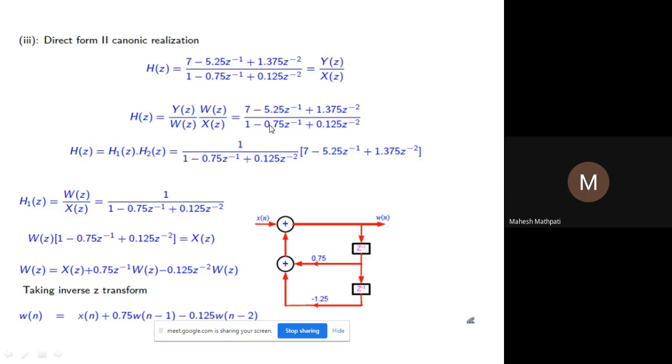So here he has taken, you can take any value, no problem. So 1 divided by 1 minus 0.75 z inverse plus 0.125 z power minus 2 multiplied with 7 minus 5.25 z inverse plus 1.375 z power minus 2. So H1 of z equals 1 divided by this value he has taken.